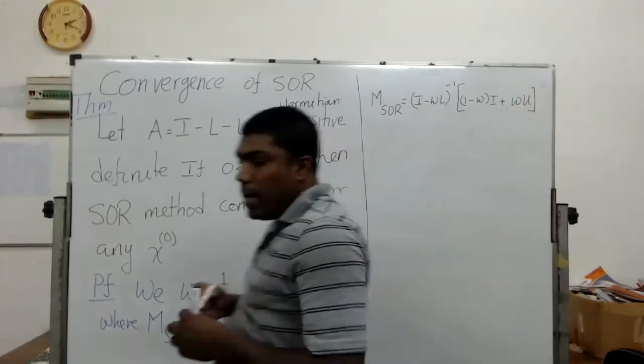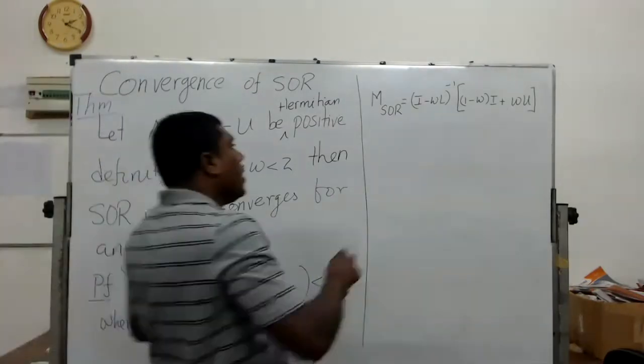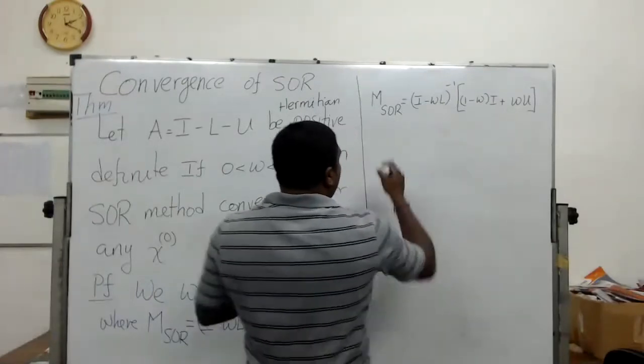Okay, so this is my matrix (I minus omega L) inverse times [(1 minus omega) I plus omega U]. What I am going to do is put an extra omega L here. So let me show the work.